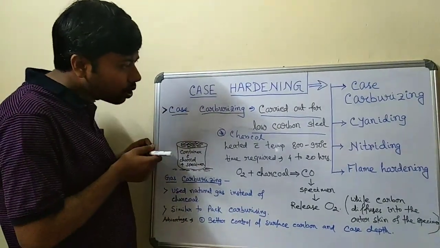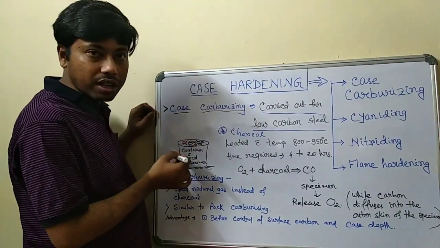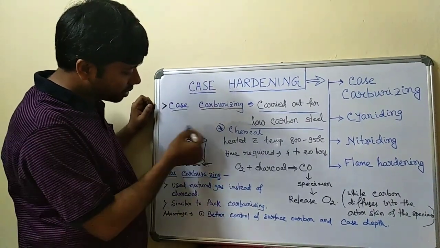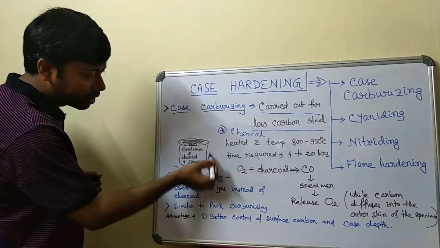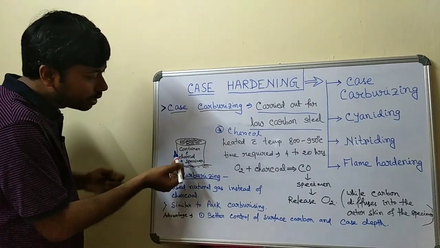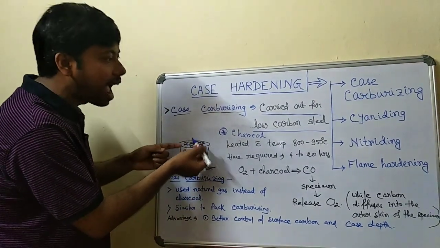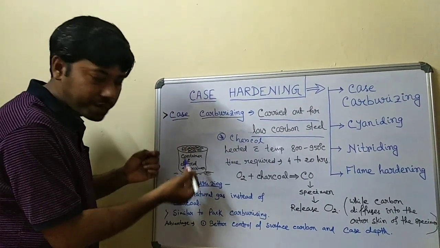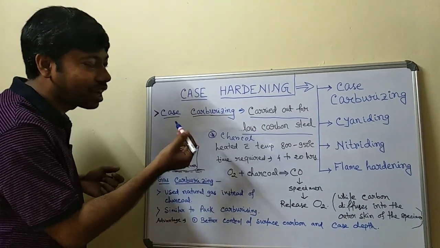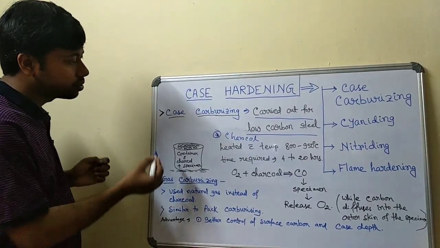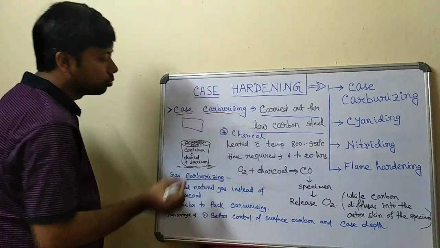Now, what is the process for case carburizing? Suppose this is the container in which the charcoal and the specimen are kept, where the case carburizing process takes place. Suppose this is the specimen.